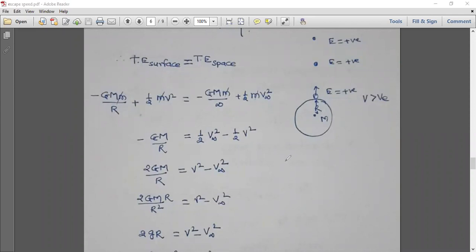this is already, suppose minus, wait, let me change color. This is better. Minus 2GM/R is equal to v_infinity squared minus v squared.